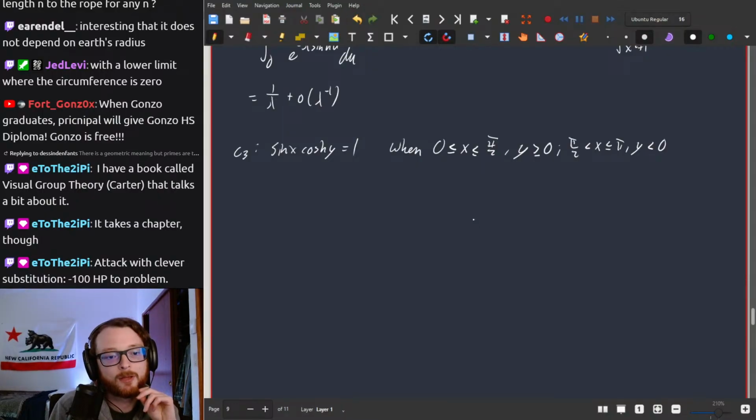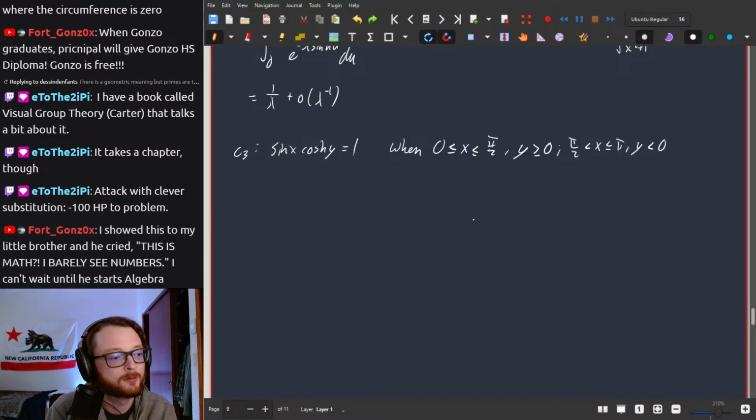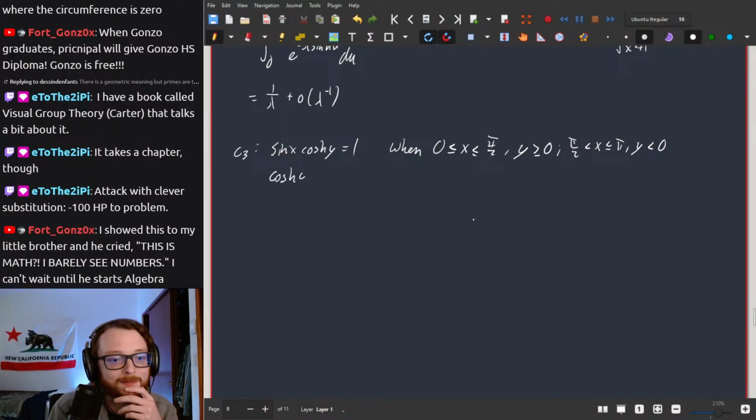So this gives us the parameterization. This is math. I barely see numbers. Can't wait until it starts algebra. Oh yeah, that's always a rude awakening.